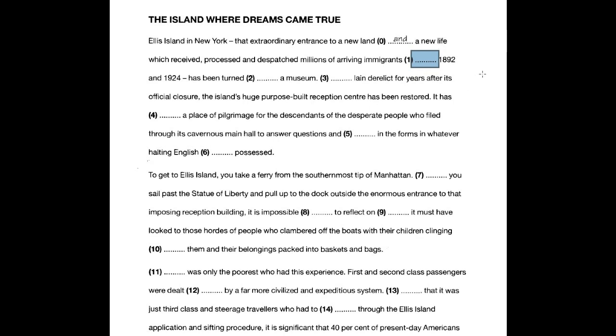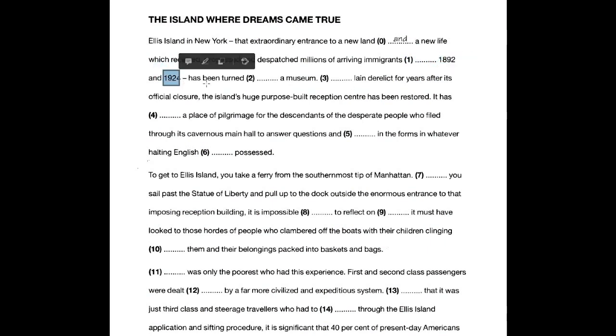Now, we could say from 1892 to 1924, but it doesn't say to here. So it can't be from 1892 to 1924. It's actually looking for between, and we know it's between because of the and. We do say between X and Y. We can say between 1892 and 1924.